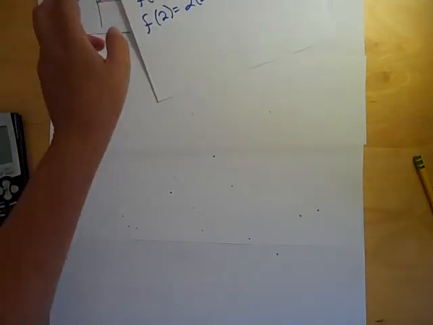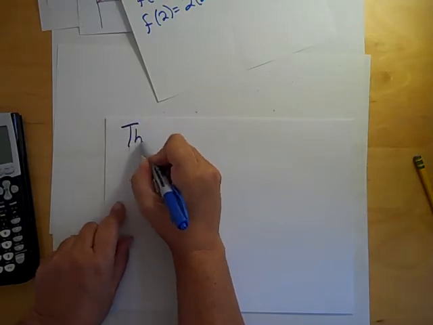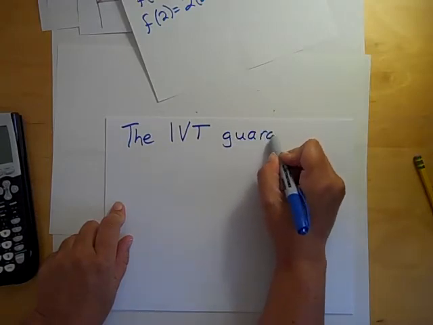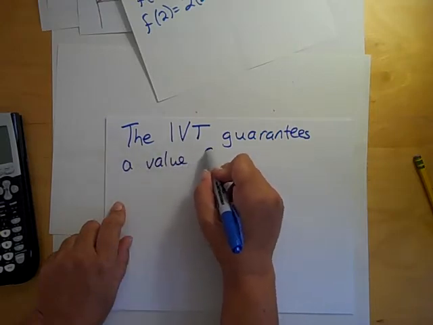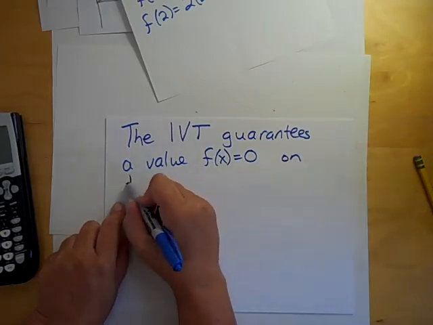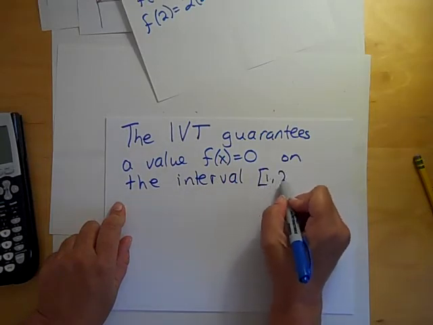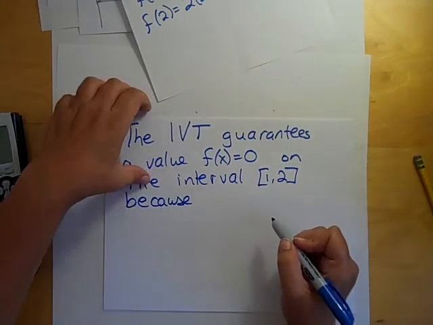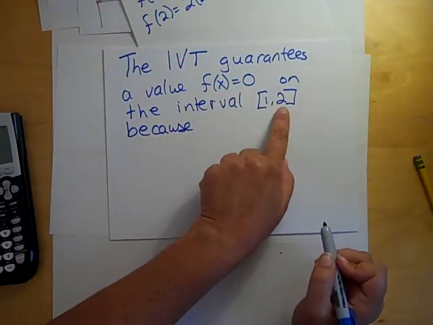Our answer could be written as: the intermediate value theorem, and we can say IVT, guarantees a value f of x equals 0, that's like saying there's a 0, on the interval 1, 2, because, and here's how we have to write that, 0 falls in between the y values for these.